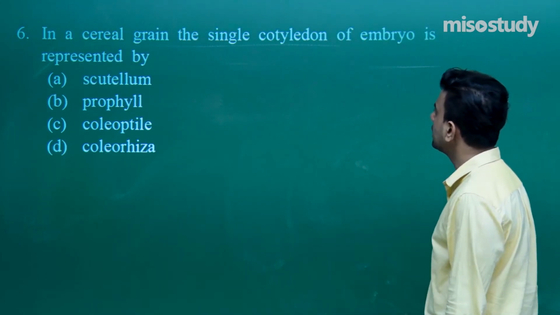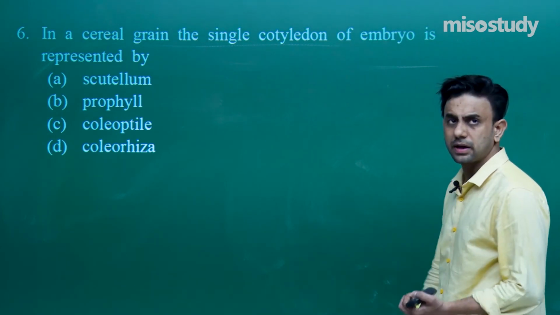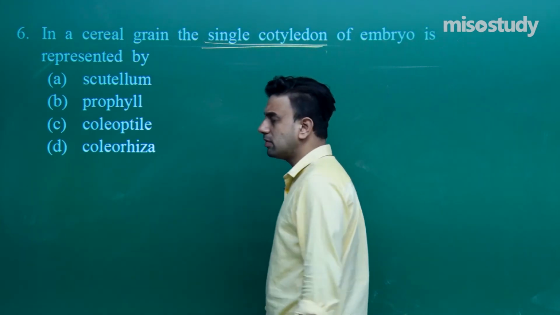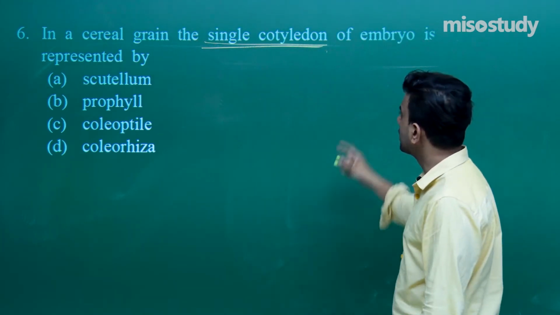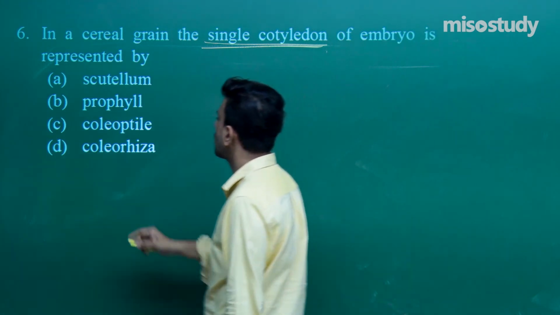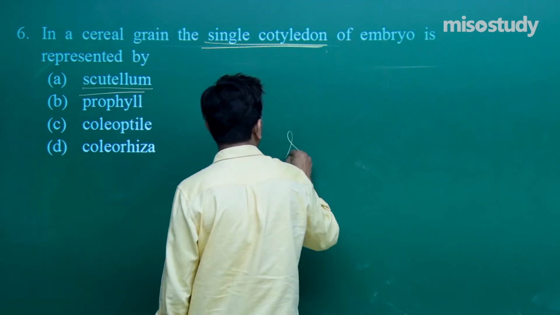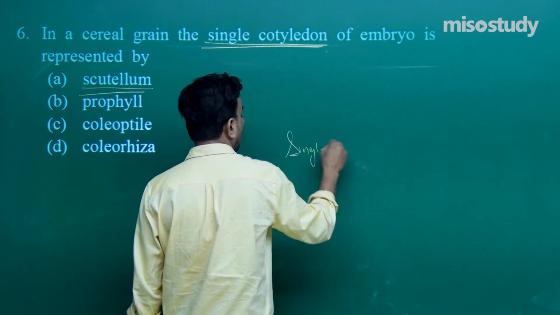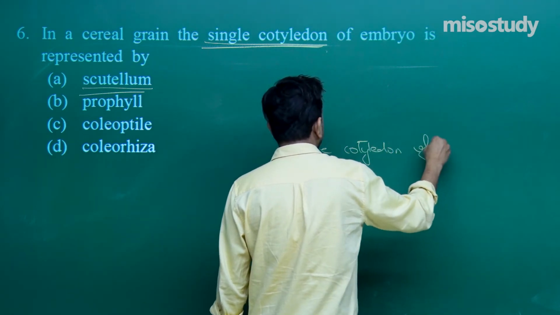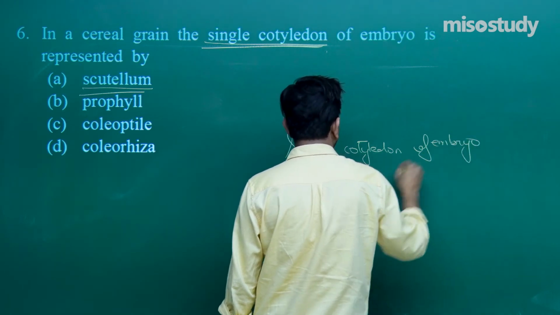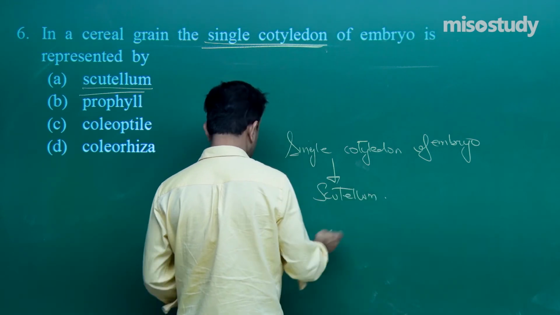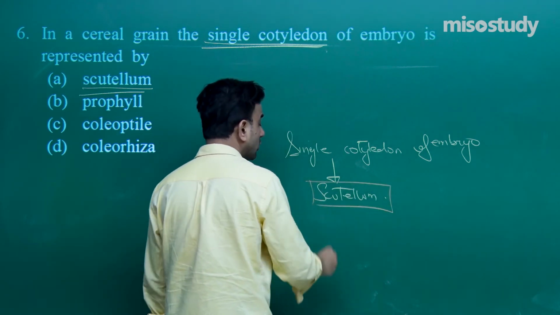In a cereal grain, the single cotyledon of the embryo is represented by what? In a cereal grain, the single cotyledon of the embryo is called the scutellum.